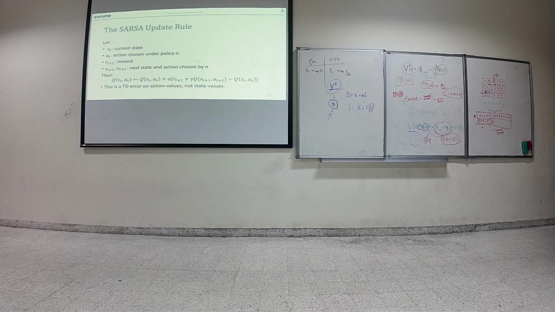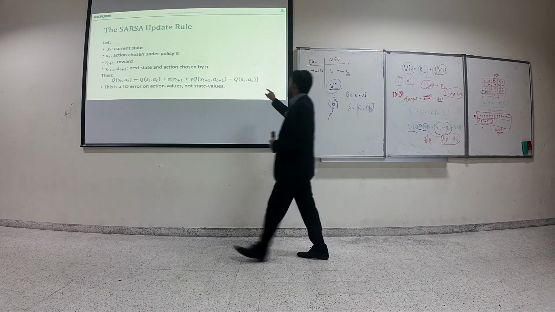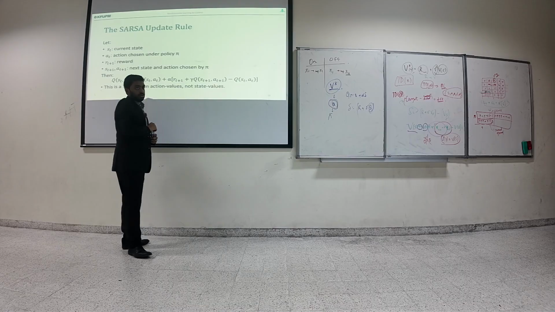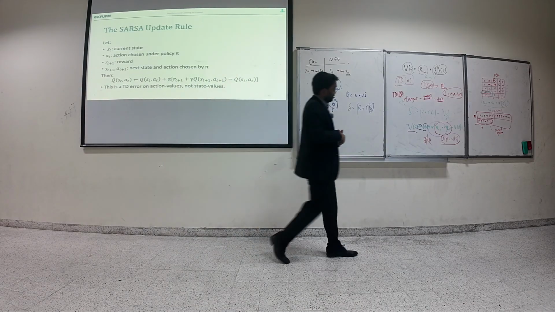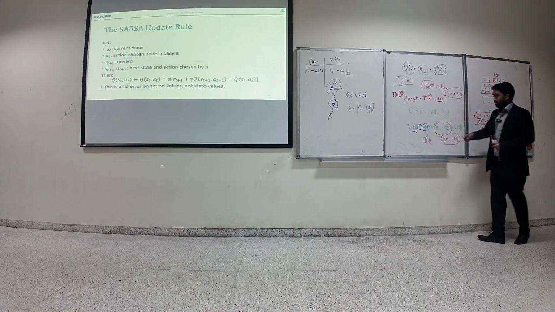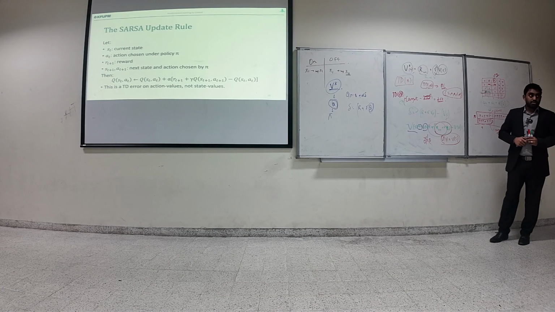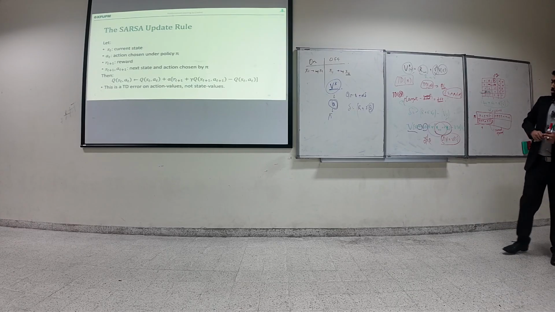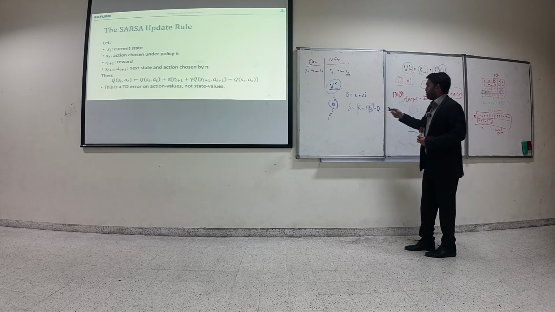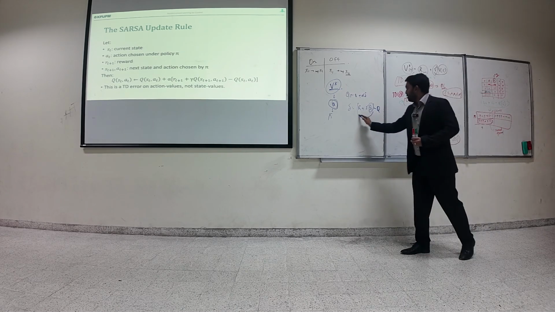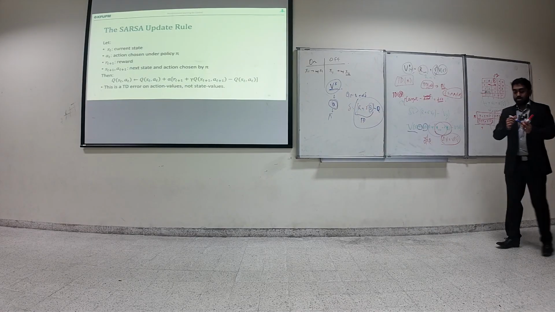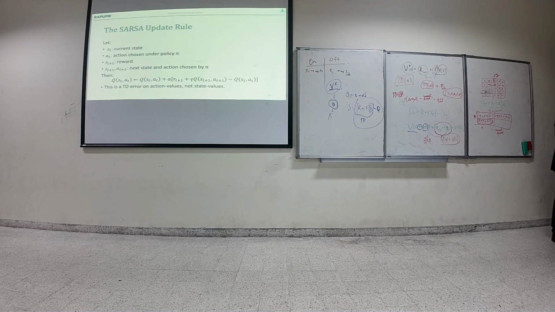The delta here, if you are to follow suit, should be, look at the equation that you've written: R plus gamma Q, minus Q. Yes, it's missing the Q. This is the TD term, the TD difference, the entire thing. So yes, I didn't write the Q there. So this is the SARSA update rule.